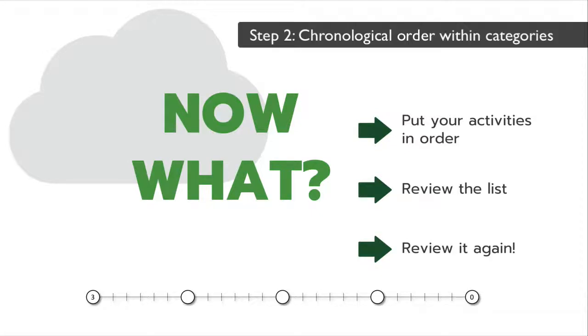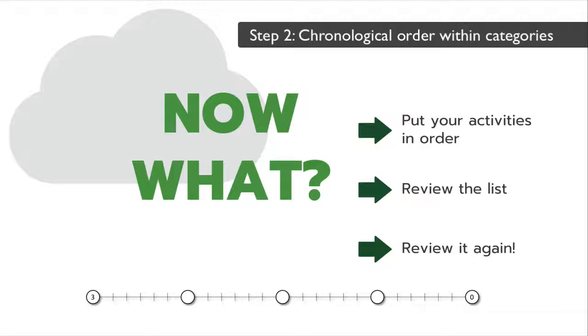Now within those categories, you're going to put them in chronological order under that category. So once we're done with this, we will have different categories, different themes, where we've grouped different activities under those categories, and within each category, we've put them in some sort of chronological order.